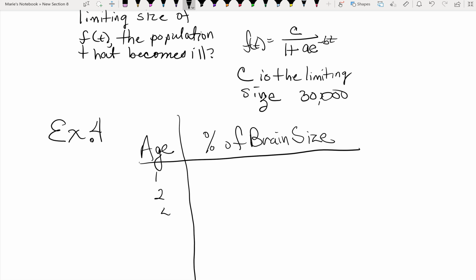Okay, so we have 1, 2, 4, 6, 8, 10, 11, and respectively, these are the percentages of the brain growth.